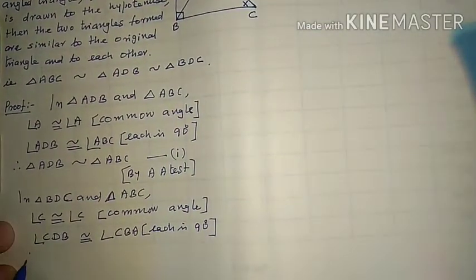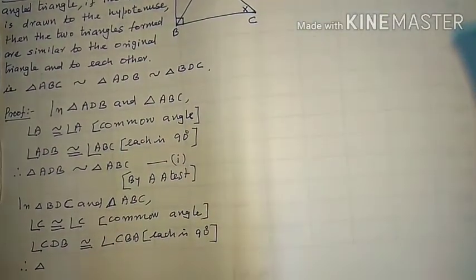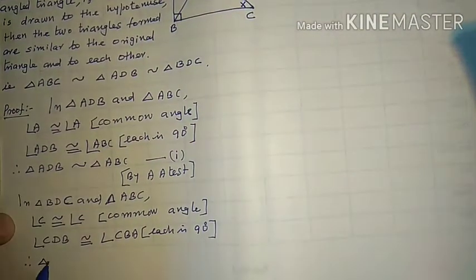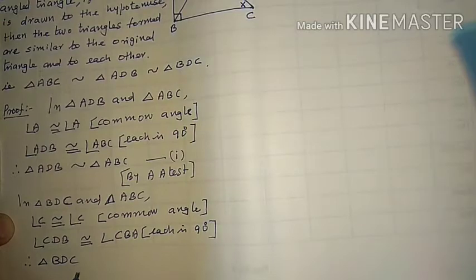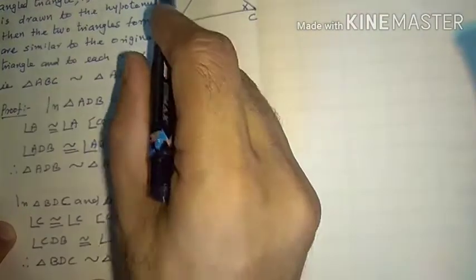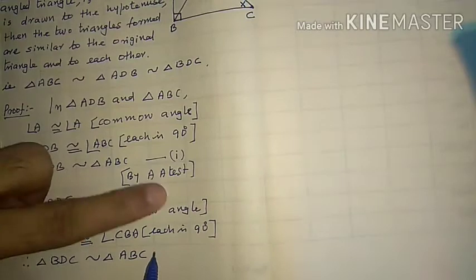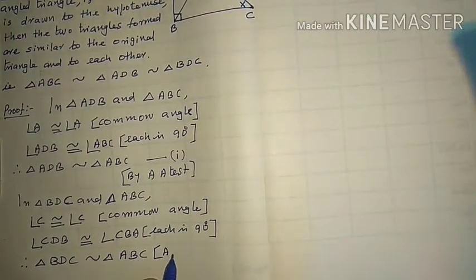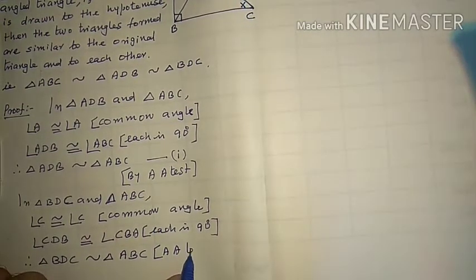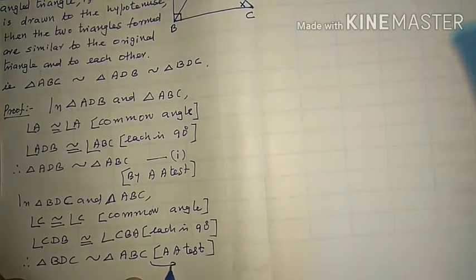Therefore, triangle BDC is similar to triangle ABC. What is the reason? By AA test. This is our second result.